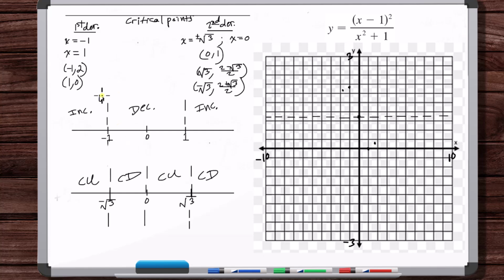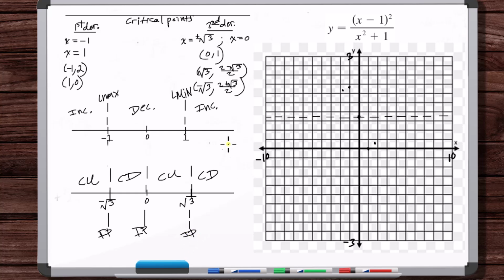This is a local max. Here we go from decreasing to increasing. This is a local min. Inflection points have to be at a point of continuity. The function is continuous everywhere. So does the second derivative change signs across a critical point with respect to the second derivative? If it does, it's an inflection point. It does at each one of these points. So we have 3 inflection points.